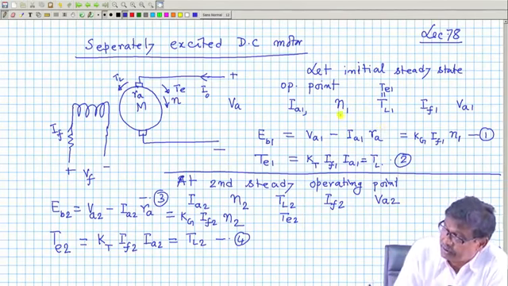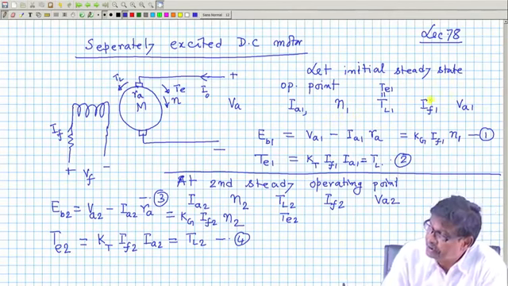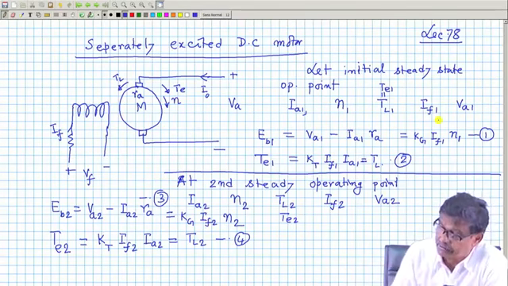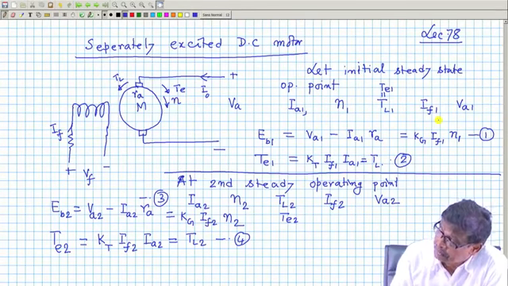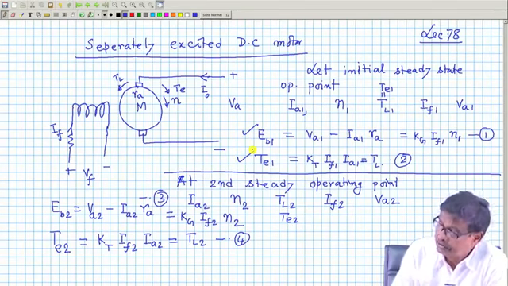That is why it is running at constant speed. IF1 and VA1 are the corresponding field current and armature voltage. The moment I know these, these two equations can be written. What is the back EMF? What is the torque?